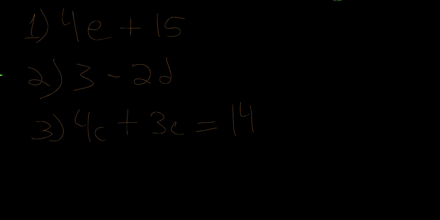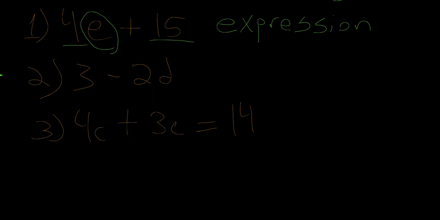All right, great. So let's define number 1 here. What variables do we have? We have E, which is a variable, and then we have 2 constants, 15 and 4. And this is an expression because there is no equal sign. All right, let's take a look at number 2. We have the variable D, and we have the 2 constants, 3 and -2.